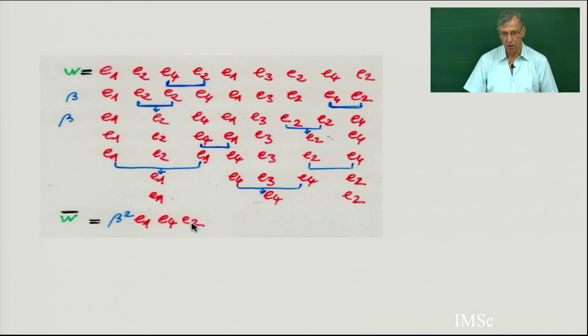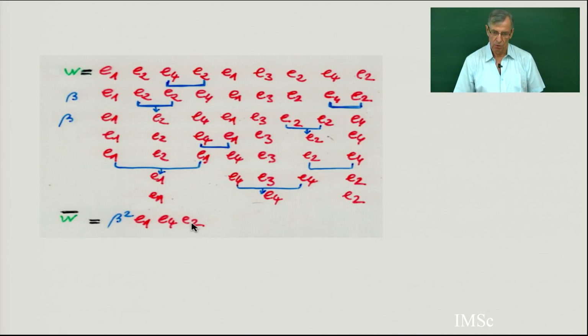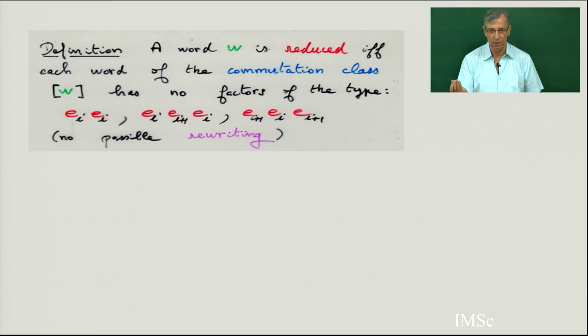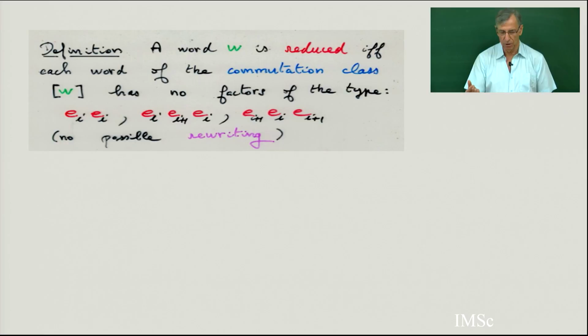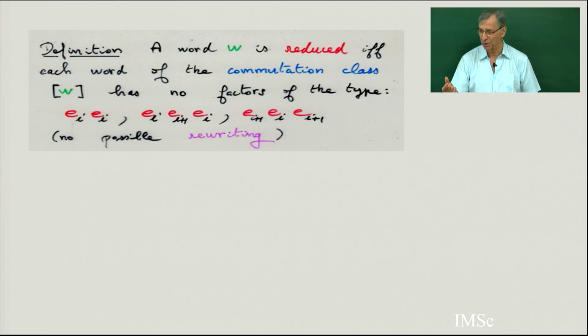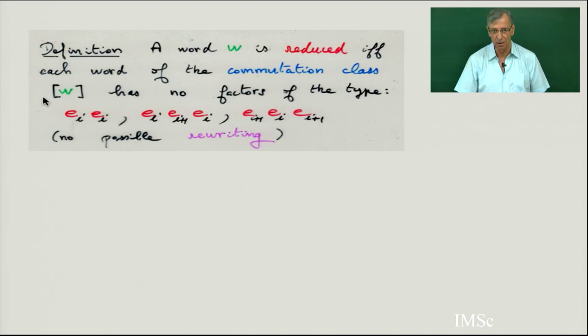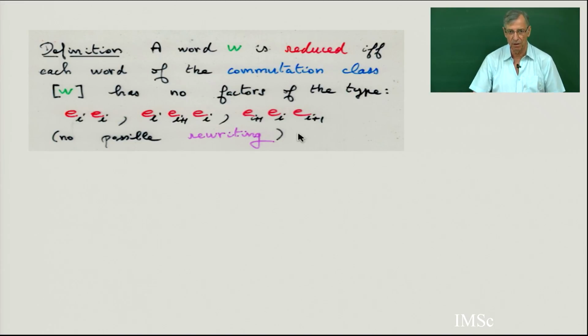So, definition: a word will be called reduced if and only if each word of the commutation class has no factor of these three possible types. The commutation class is for the Cartier-Foata monoid, the commutation monoid given by the first commutation relation.